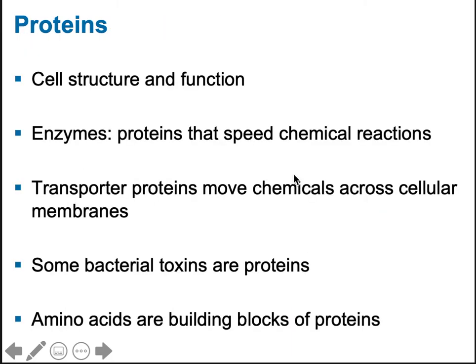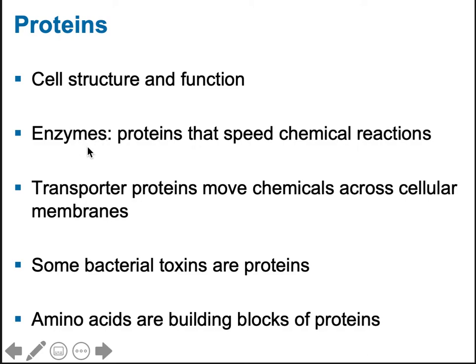All right, proteins. Every single cell needs proteins for the structure, the support, but also to carry out function. Most, if not all, of the function of the cell is due to proteins. Enzymes are a type of protein, and if you recall, enzymes speed up chemical reactions that would happen on their own but would take a lot of time and energy.